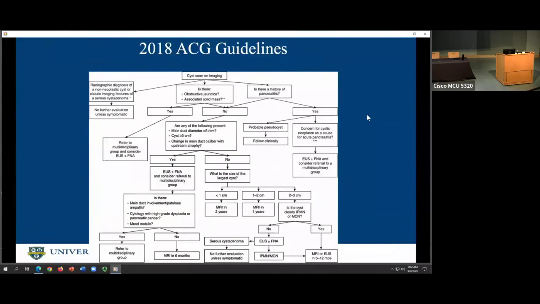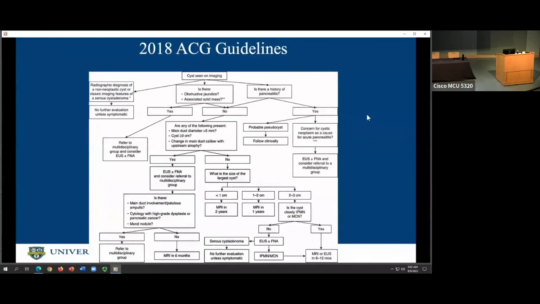But again, you will see that MRI is the recommended choice for surveillance between all these guidelines, because MRI is non-invasive, there is no radiation, and it has a greater accuracy in assessing the communication between the main duct and the cyst. The ACG guidelines again recommended that patients who are not medically fit for surgery should not undergo further evaluation of incidentally found pancreatic cysts, irrespective of their size.